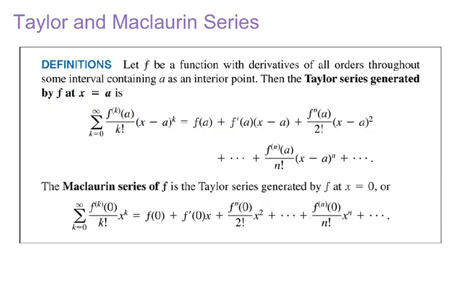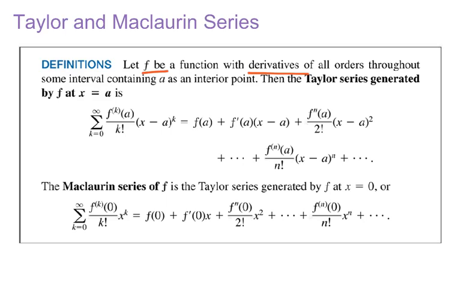So what we have here is our definition of a Taylor series, and then more simply, a Maclaurin series. A Taylor series is generated by a function with infinite derivatives, right? Thinking about a polynomial, if it was a 9th degree polynomial, you'd have to take the derivative 10 times before you got to a constant.